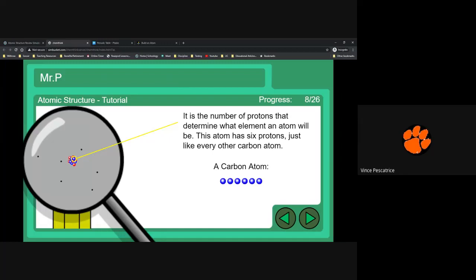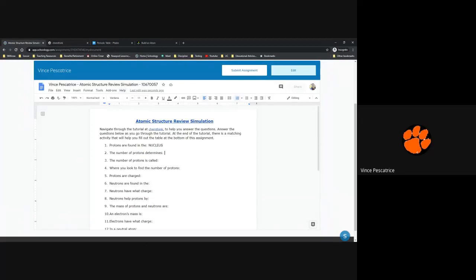So in this example, like I said, we're zooming in on the tip of a pencil. The tip of the pencil is made of carbon, so you'll expect to find a carbon atom there. So the number of protons determines what element the atom will be.